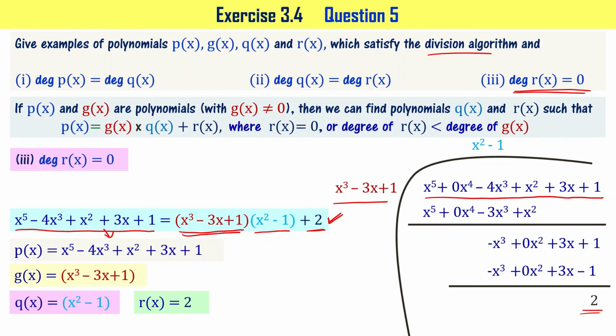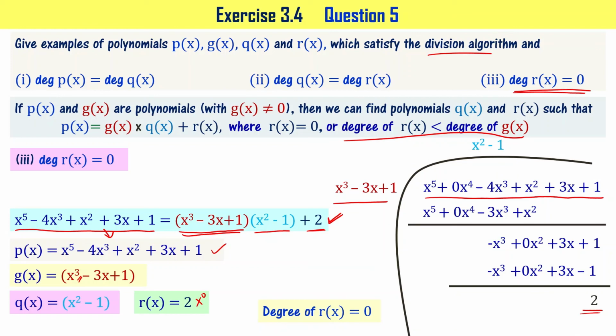Right? In this particular case, we can say that r of x equal to 2x power 0. The degree of r of x is 0, which is less than the degree of g of x. What is the degree of g of x? That is 3.